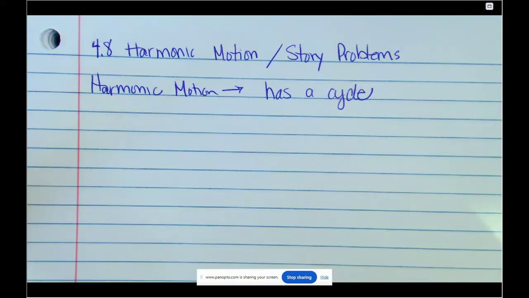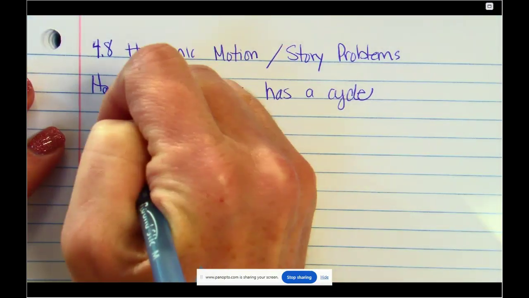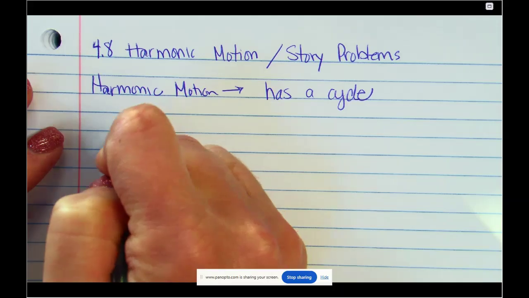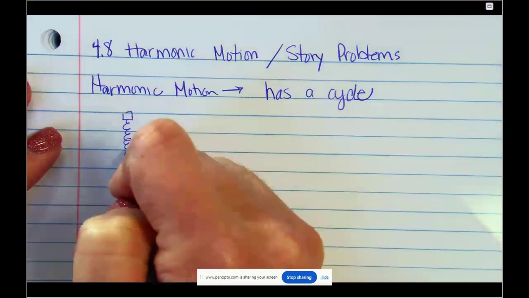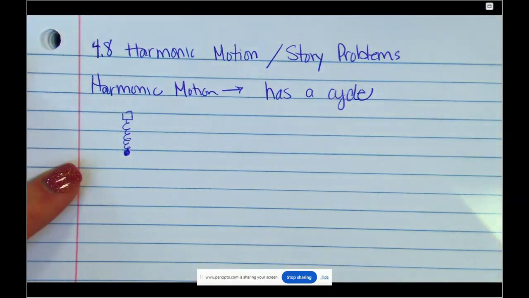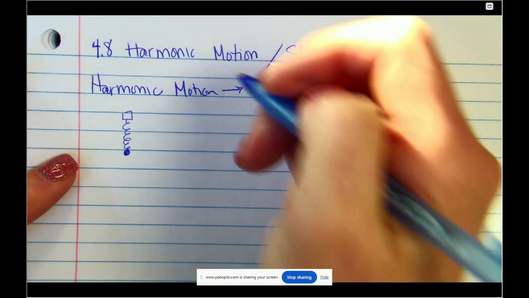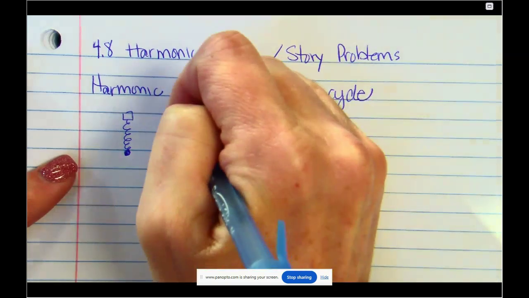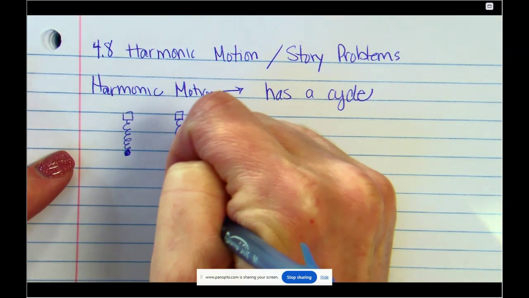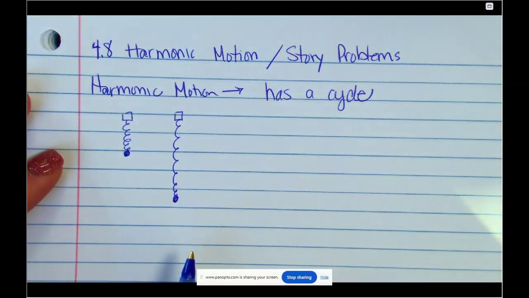So I want you to think about a spring. This is not going to be a good drawing. If you had a spring, there's your spring, with a heavy weight on the end of it, and it's just sitting there, what happens when you pull the spring down? It goes down, right? And then what happens when you let go of it?